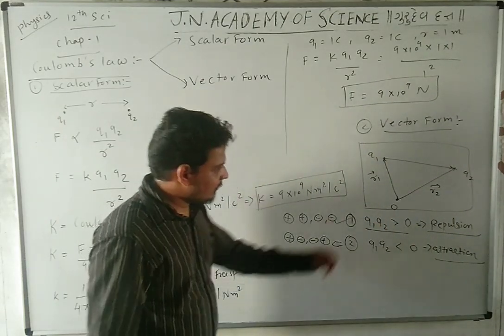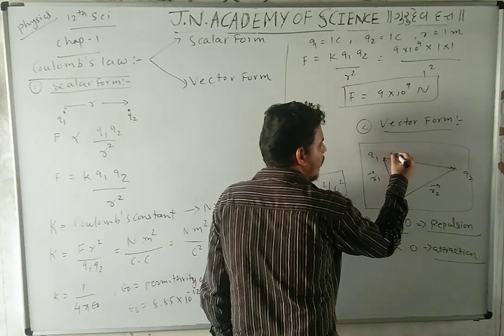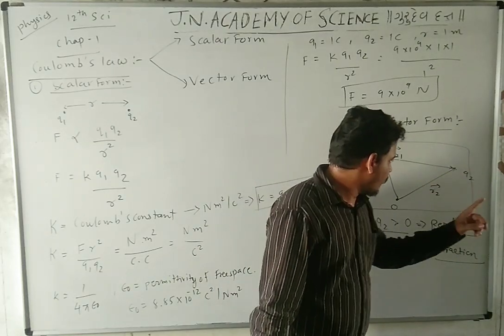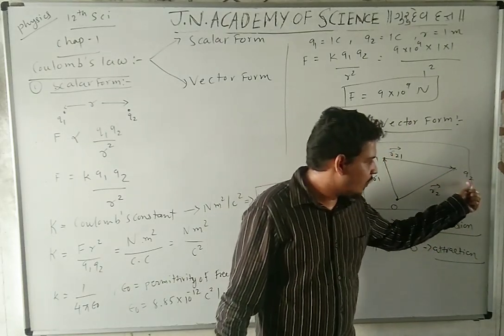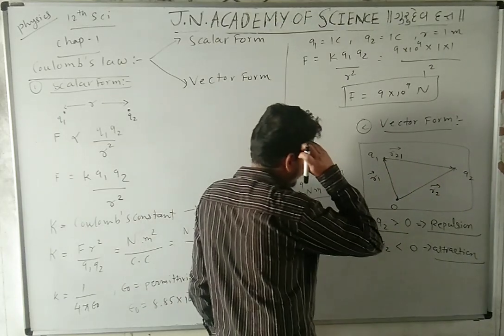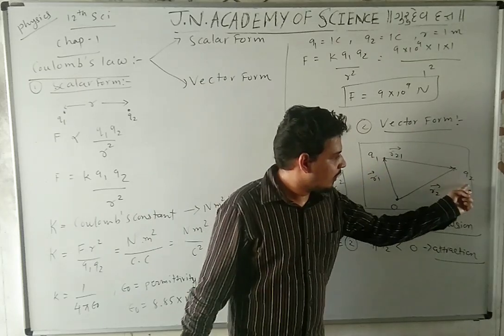So in this, if I am considering r21, it is the vector from q1 to q2, so it will be r2 minus r1. F21 represents the force due to q1 on q2.